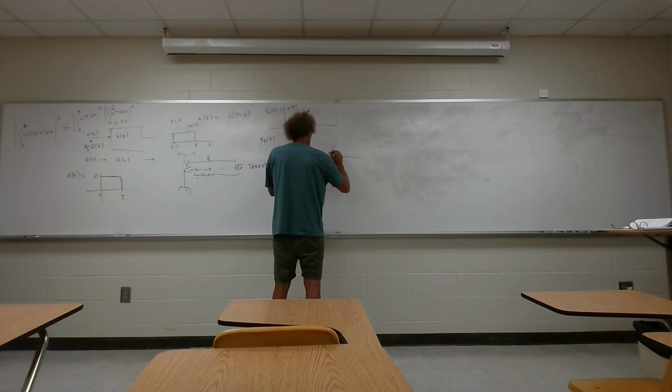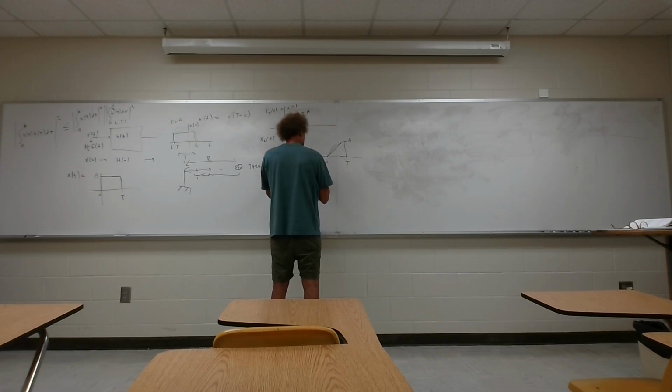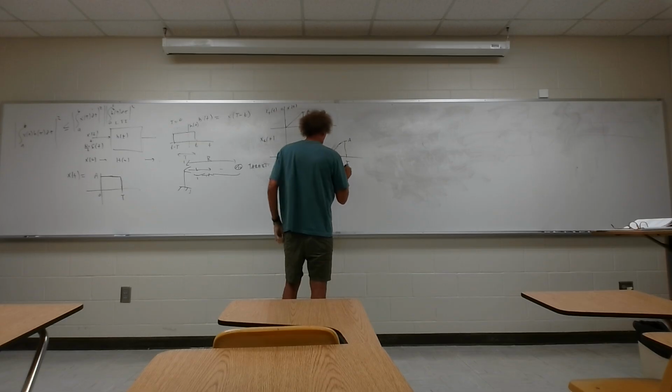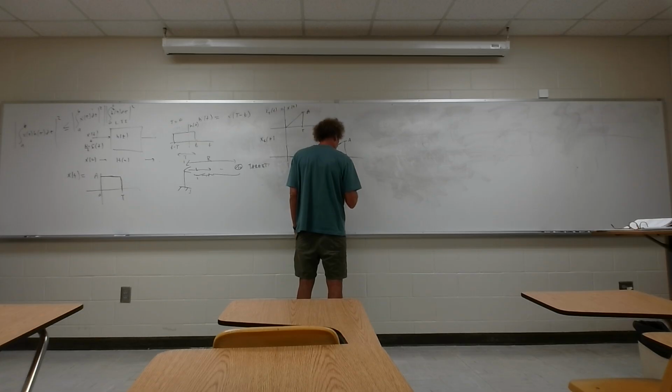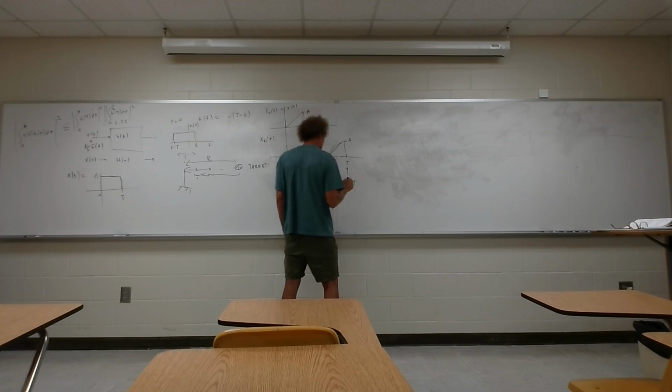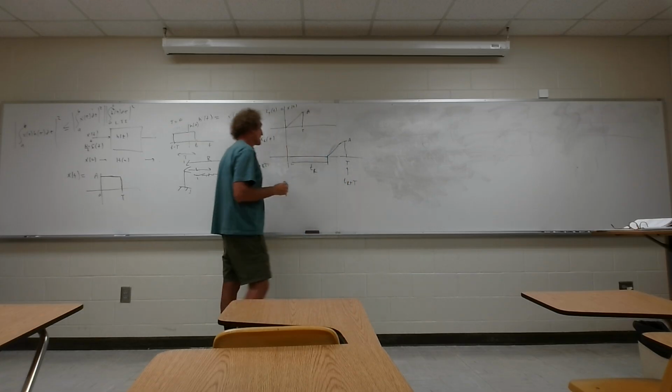You're going to get a replica of that, with height A. I'll call the delay small tr, and so this point in time here would be small tr plus capital T, the width of the pulse. You're going to receive that.